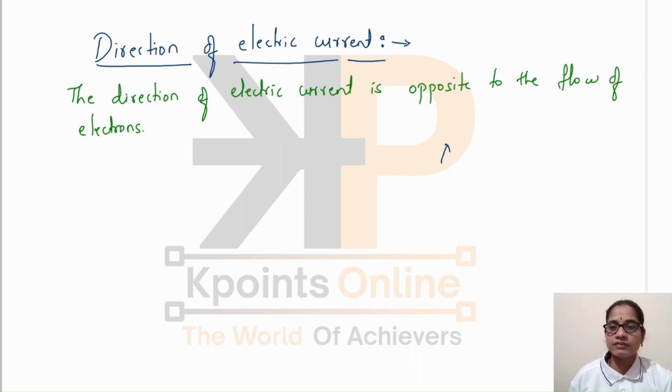For example, if this is a conductor, the electrons are flowing in this direction.